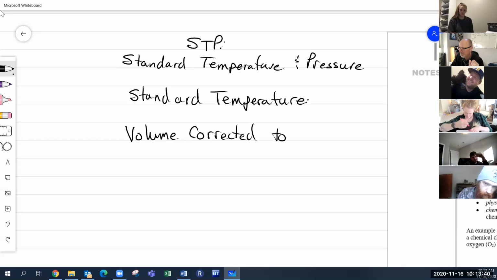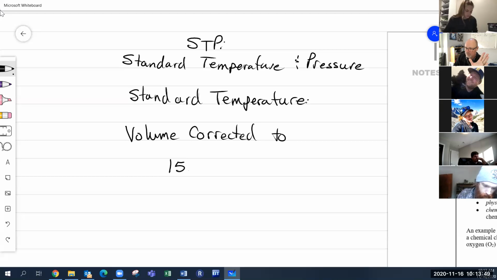Can anybody remember what that number is? 15 degrees. Actually, standard temperature is more precisely 15.5 degrees Celsius.